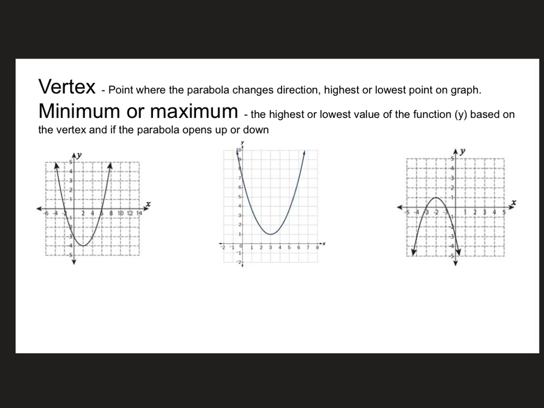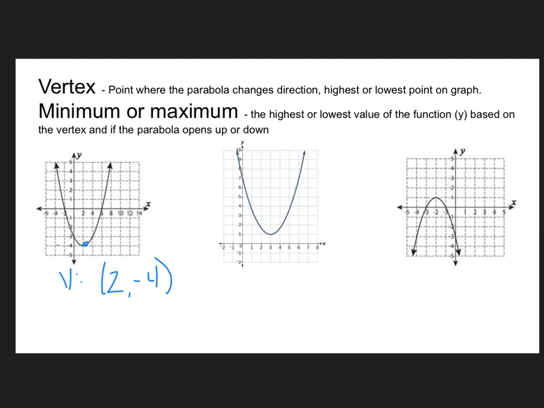So looking at our first example here, you can see that this parabola has the point here at the bottom. That would be the vertex. So the vertex for this one, I'm just going to say V, is going to be 2, -4.